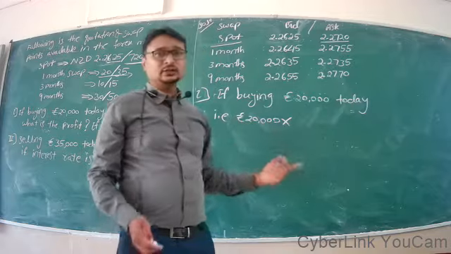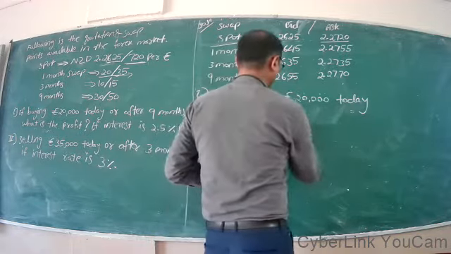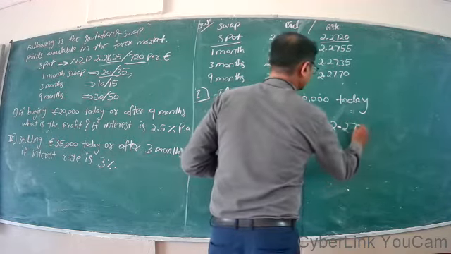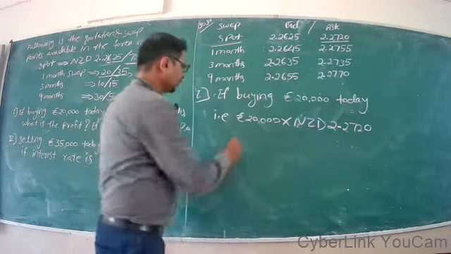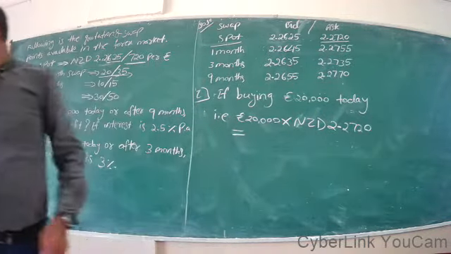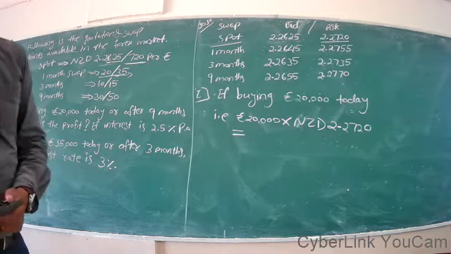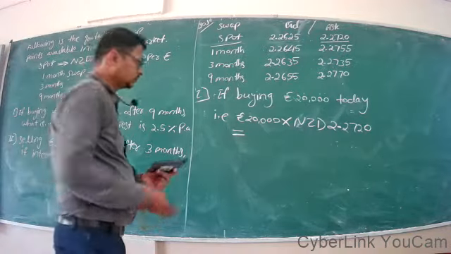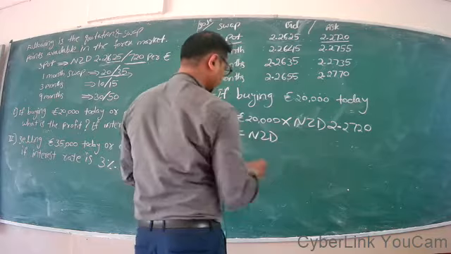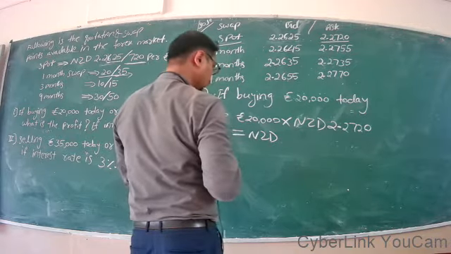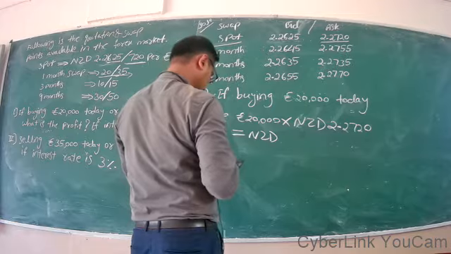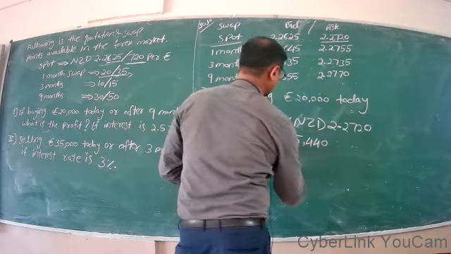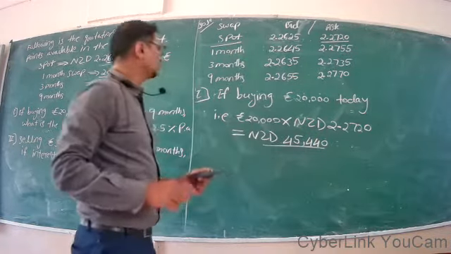To buy 20,000 euros, you have to pay 2.2720 per euro, so the answer will be New Zealand dollar 45,440. You have to shell out that if you are buying euros today.